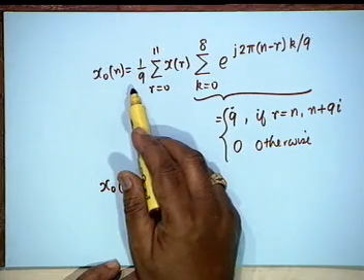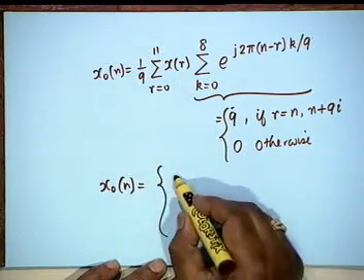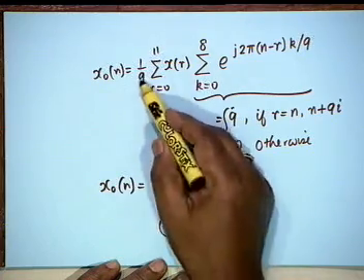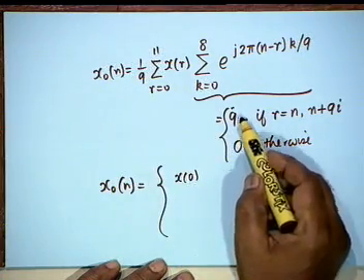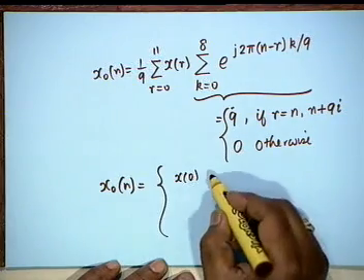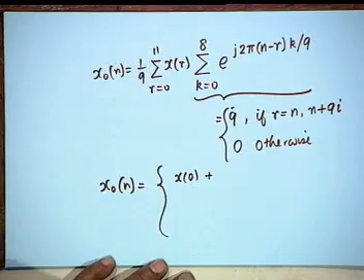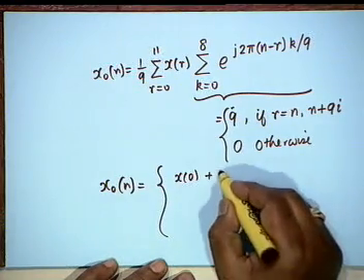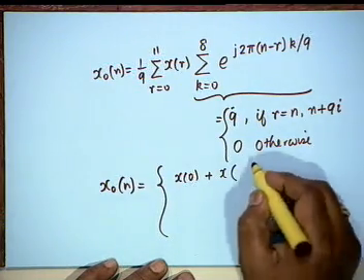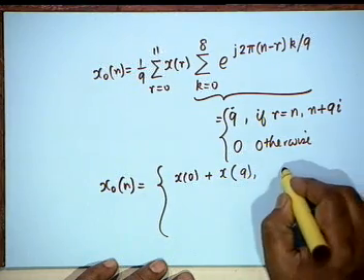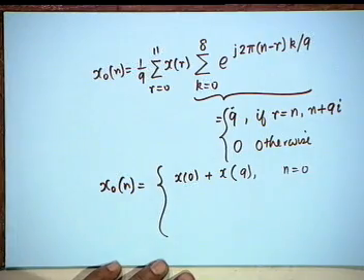If I put n equal to 0, then r equal to 0, which means x of 0, this 9 and 9 cancel each other, x of 0, then in the summation shall I have another term, x of 9, that is correct. This is for n equal to 0.